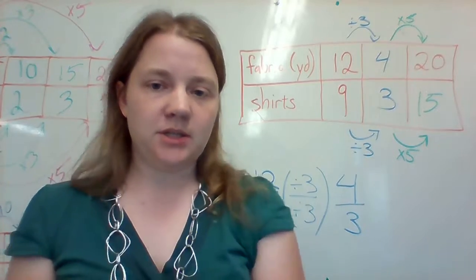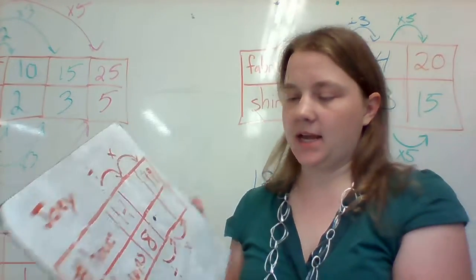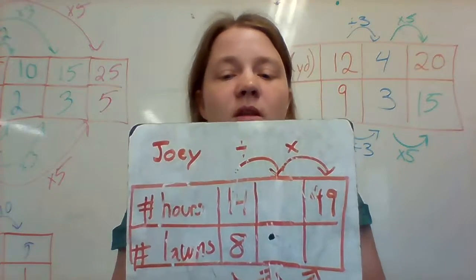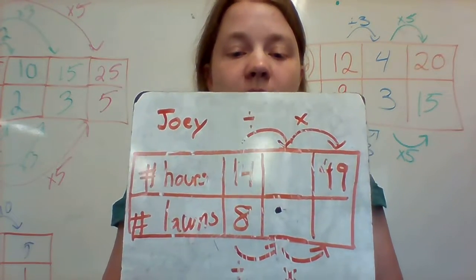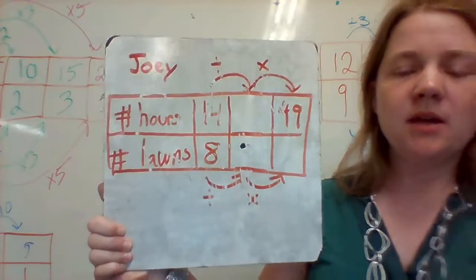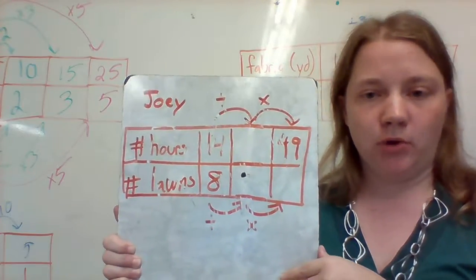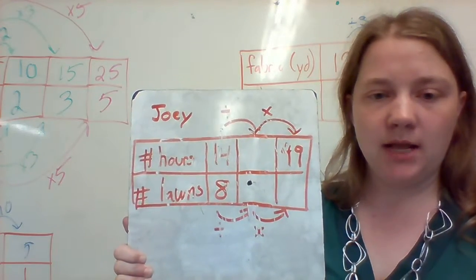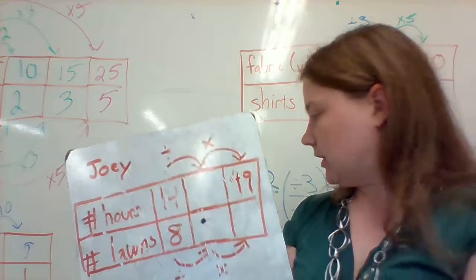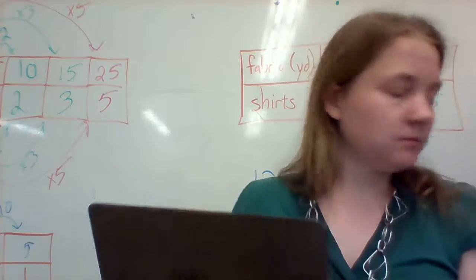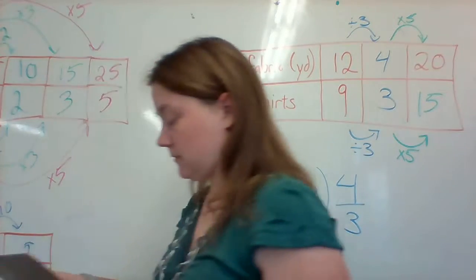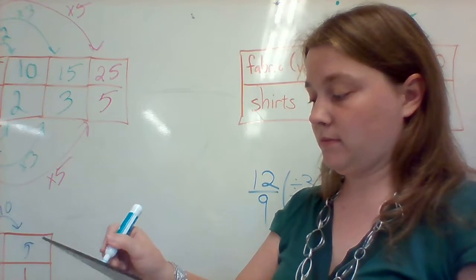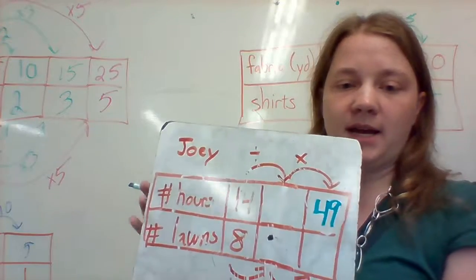The second question that's going to be on Google Forms, and again, you'll see the picture up there, is going to talk about Joey and his lawn mowing business. In 14 hours, Joey can mow 8 lawns. We want to know how many lawns Joey can mow in 49 hours.